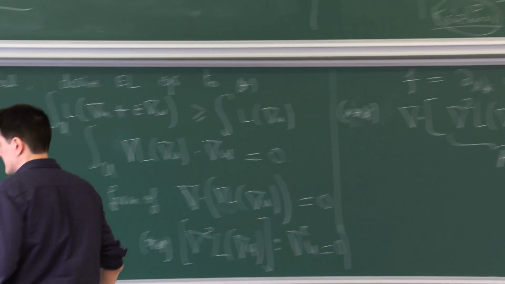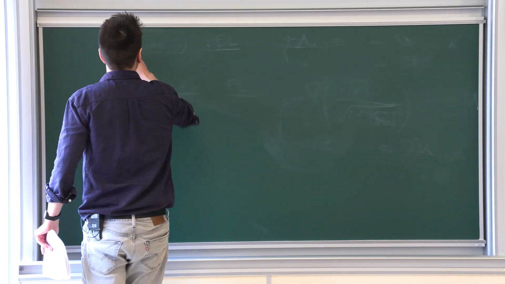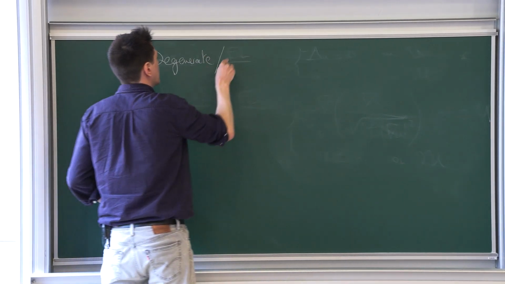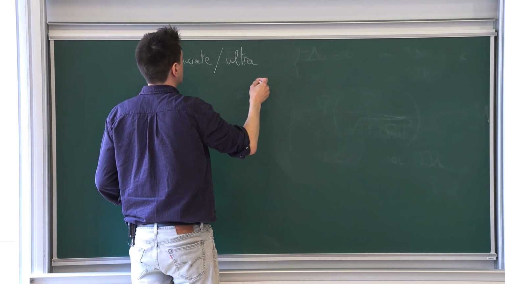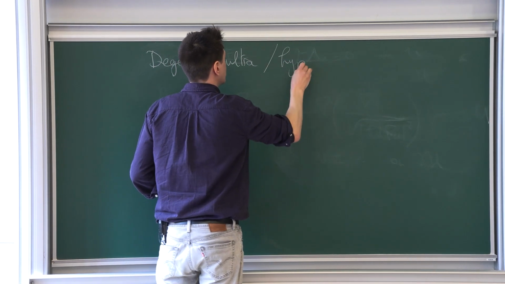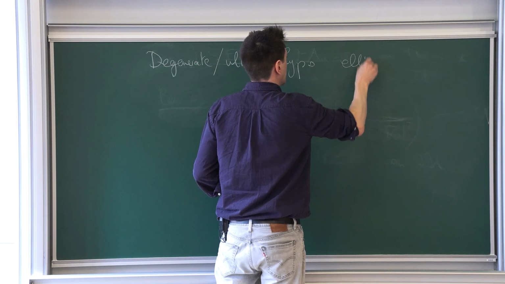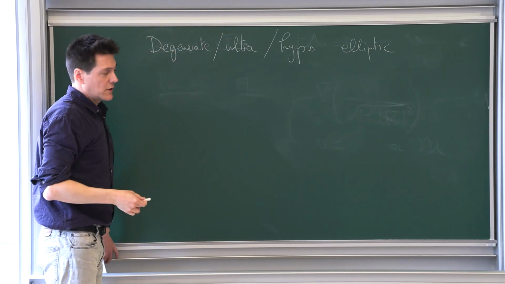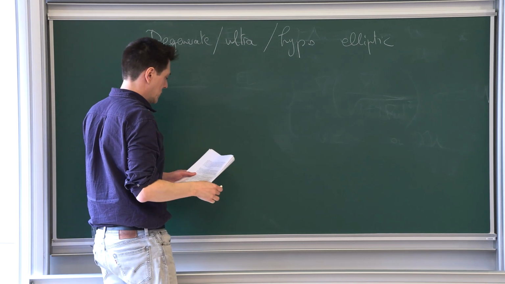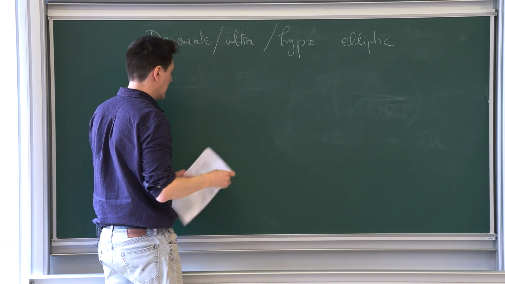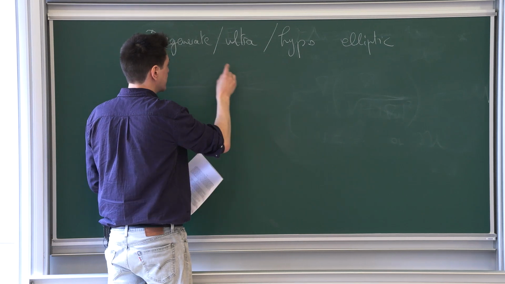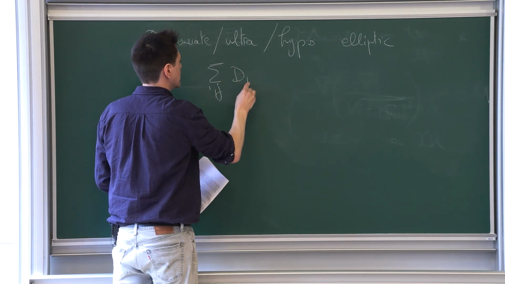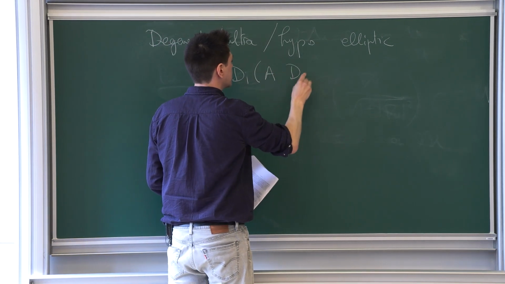So if you want to look at more degenerate, sometimes it was called ultra, sometimes it was called hypo, elliptic or parabolic equations, you naturally wonder whether the theory carries on. So typically, you want to look at, for instance, something like that. That's the first thing you might want to look at.